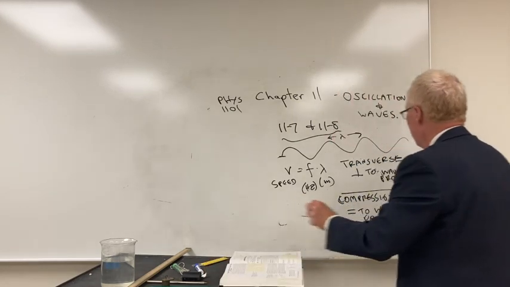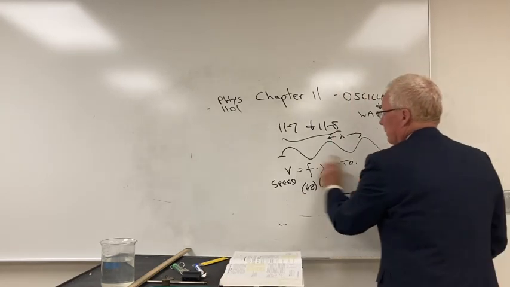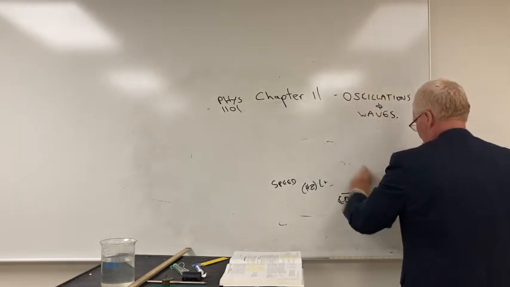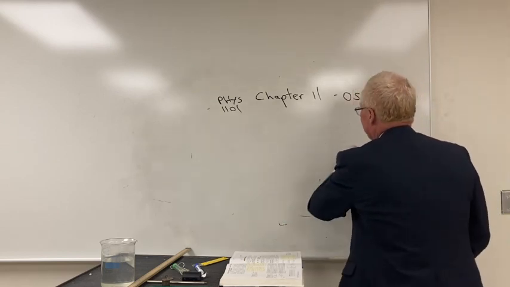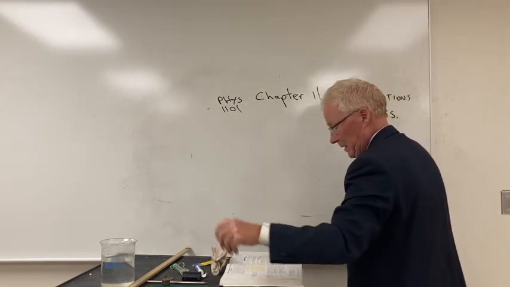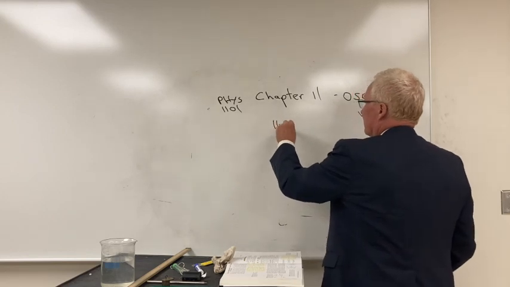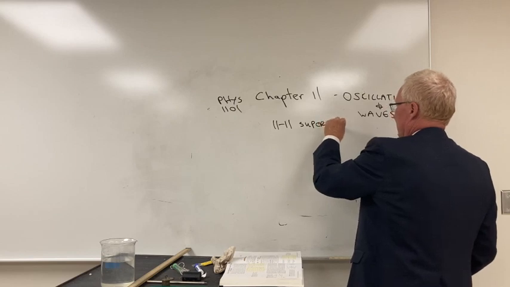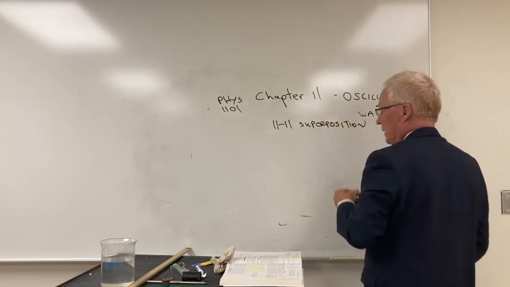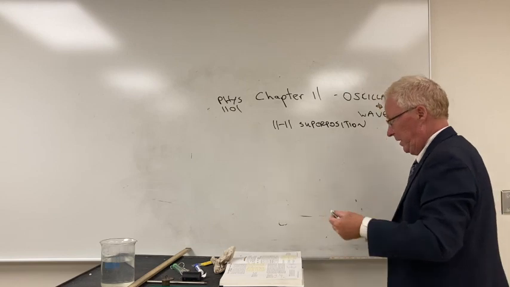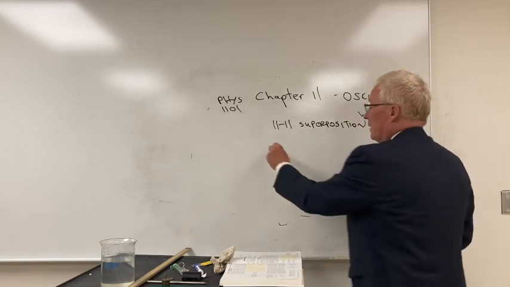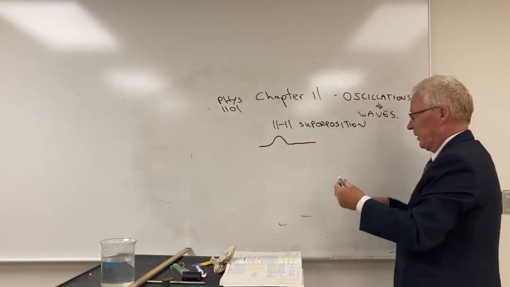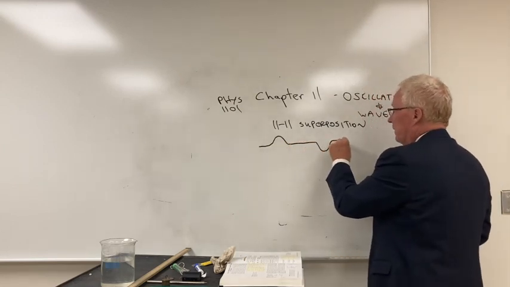is superposition, and basically what this means is if I take, let's say, a rope and put a wave, like kick it this way, and then from the other direction I kick a wave downward.